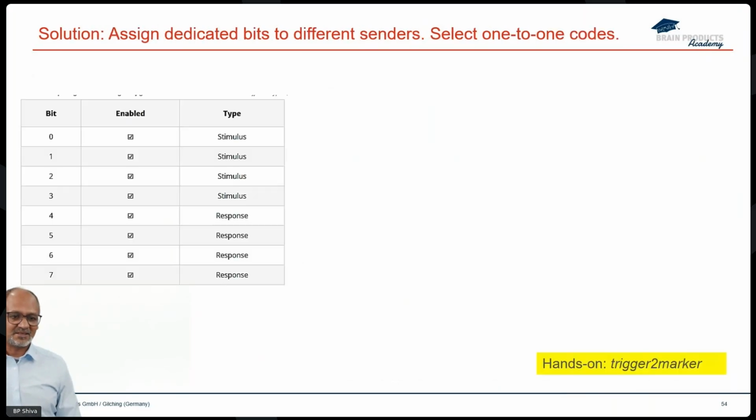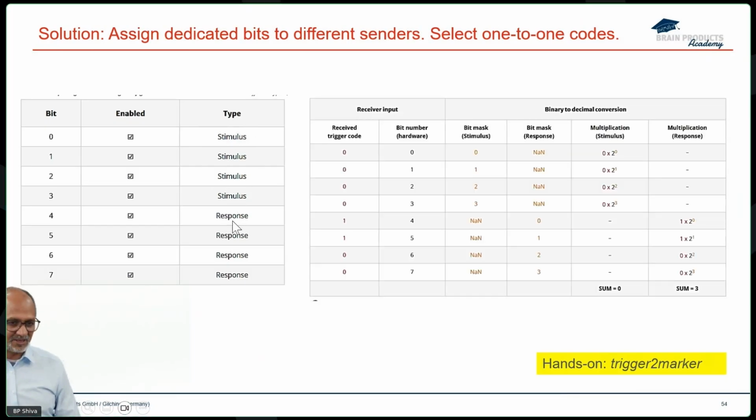But there is a nice solution that is built in with the recorder, the decoding rules, to address this. And this is by giving different bits different types, based on their sender identity. So let me explain this again. For example, let's suppose you have 2 devices, stimulus and response. You assign the first 4 bits, like 0, 1, 2, 3, to the stimulus sender, and these 4 to the response sender.